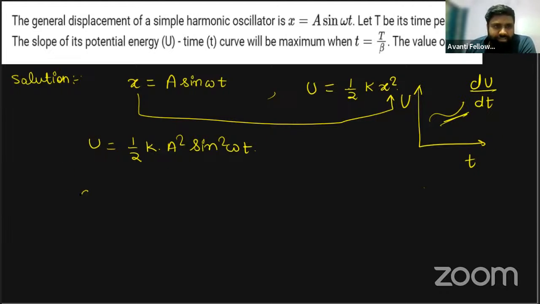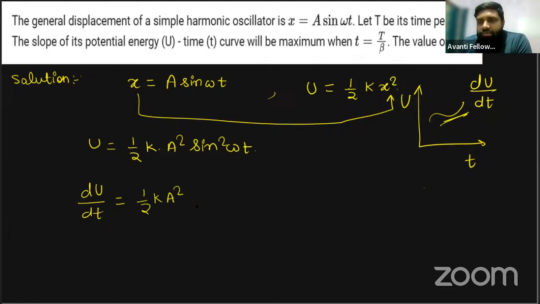Now differentiate it with respect to time. So dU by dt. Now I'm using d, not del, because this expression is completely a function of time. But as we have discussed in waves, in that scenario the expression itself holds a variable x also, depends on position also. So dU by dt is 1 by 2 k A square is constant.